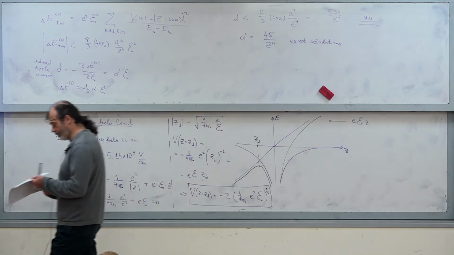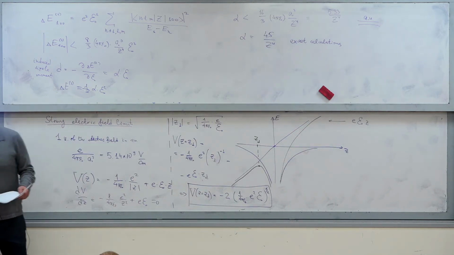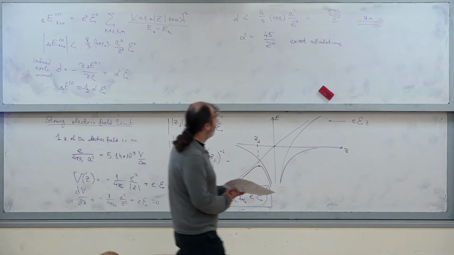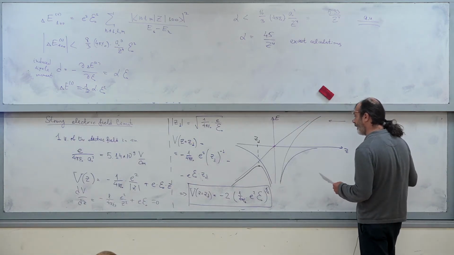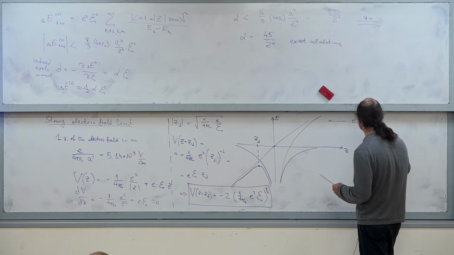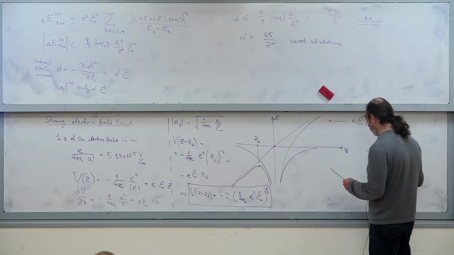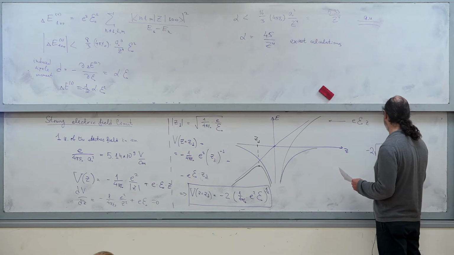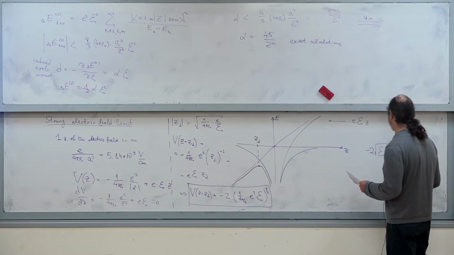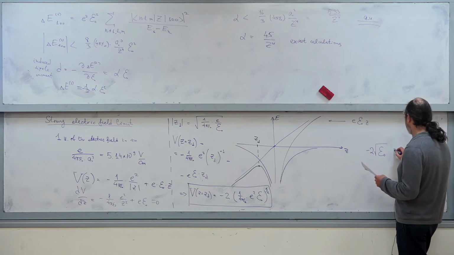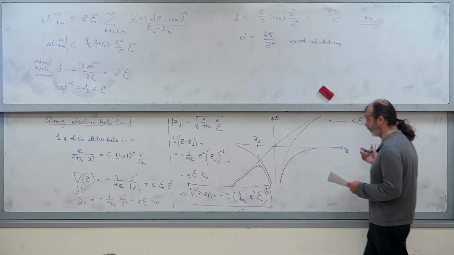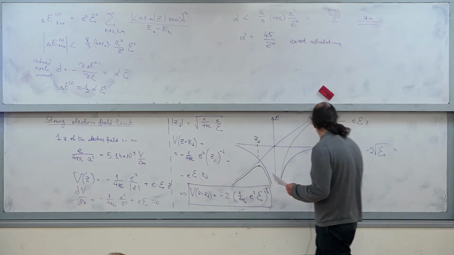So how does it go? It goes in this manner. According to this formula, we can say that minus 2 square root of epsilon E0 will be equal to, in atomic units.